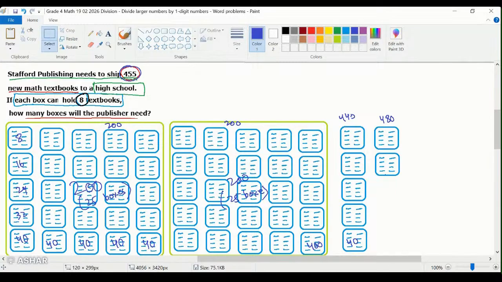Okay. See, this is 400 over here, 408, 416, 424, 432, 440, 448. This should be 456, right?